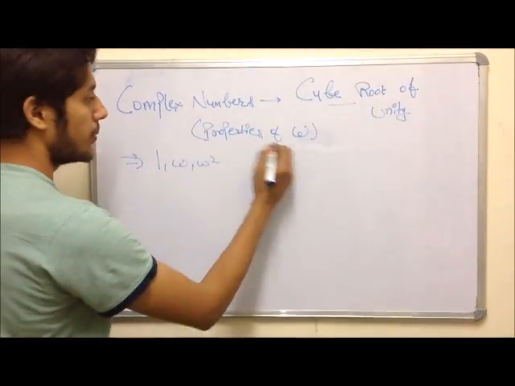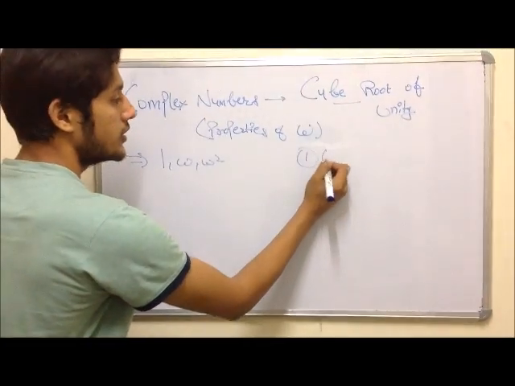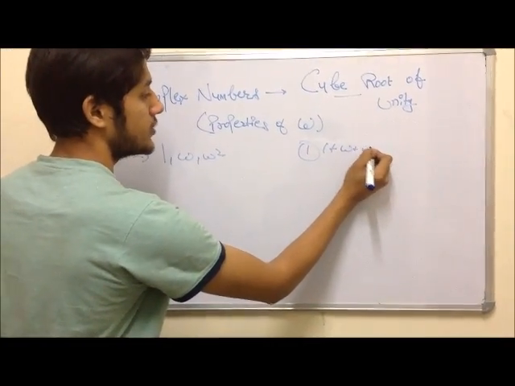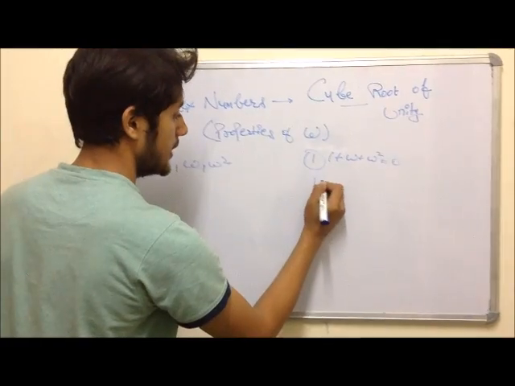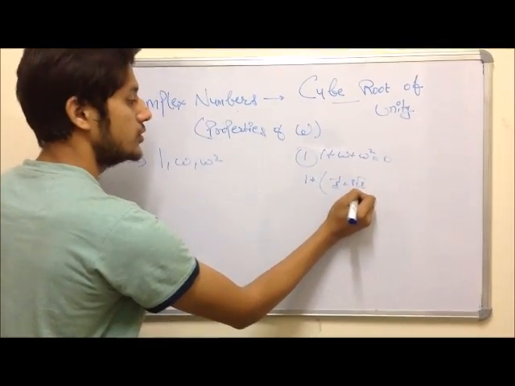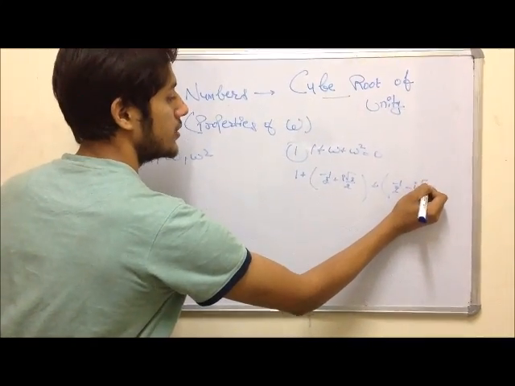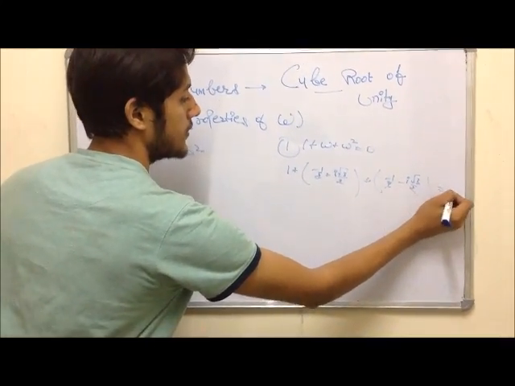These follow three basic properties of cube root of unity. The first property is the sum of all the three roots, 1 plus omega plus omega square, is 0, because the value of omega is minus half plus iota root 3 by 2 and omega square is minus half minus iota root 3 by 2, and the sum is clearly equal to 0.